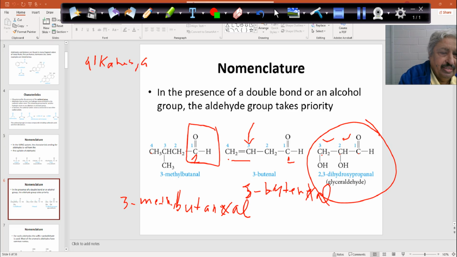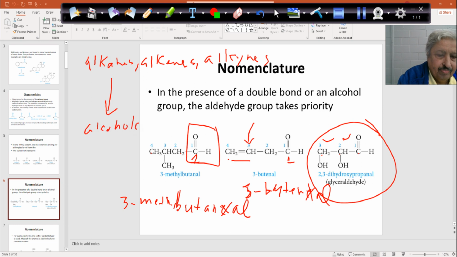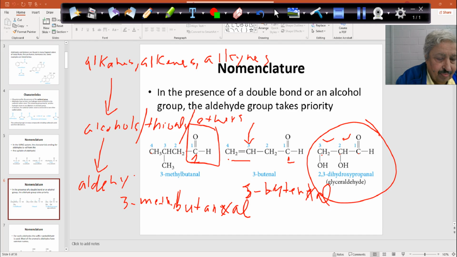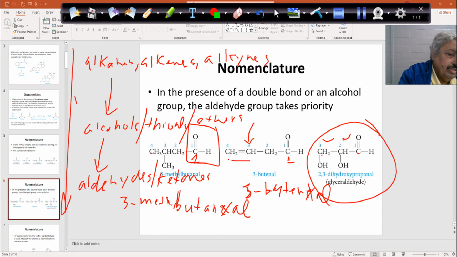Alkanes, alkenes, and alkynes, and then it goes from there to alcohols, thiols, ethers, aldehydes and ketones. The priority goes up, meaning that's the increase in the priority.